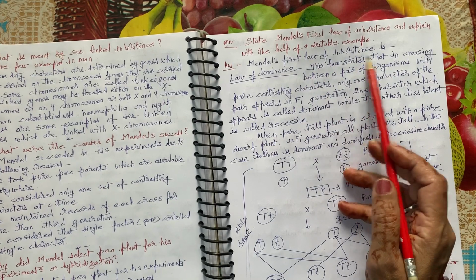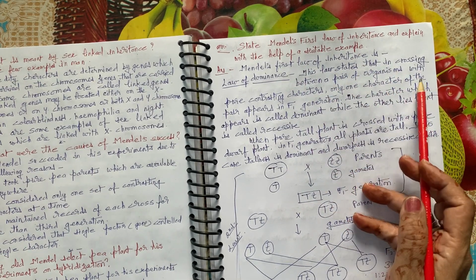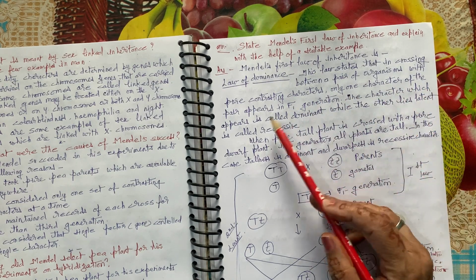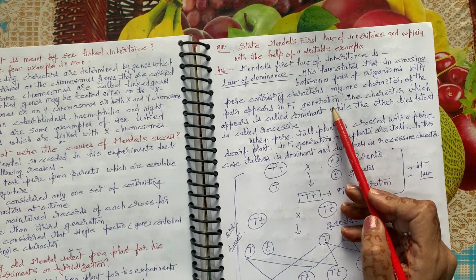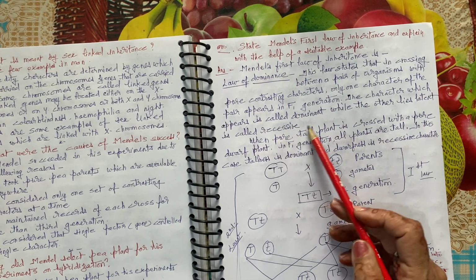Mendel's first law of inheritance states that in crossing between a pair of organisms with pure contrasting characters, only one character of the pair appears in the F1 generation, and this which appears is called the dominant, while the other is called recessive.